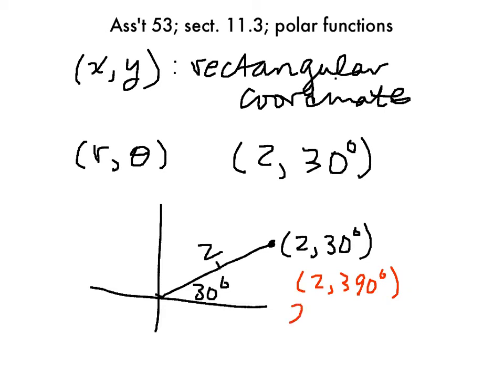And that's the same as (2, minus 330 degrees). And finally, it's the same as (minus 2, 210 degrees), etc., etc. So a lot of different ways of naming the same point. Each of these names, however, gives you only one point.